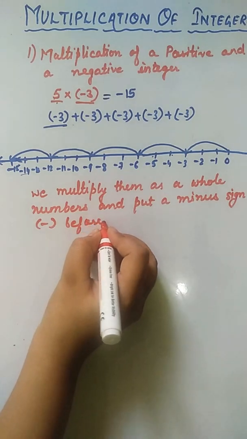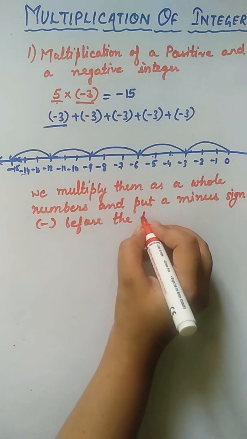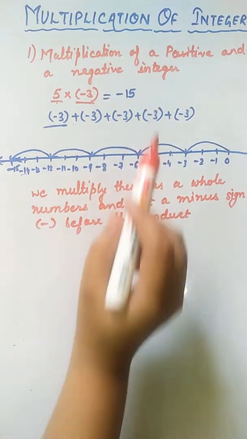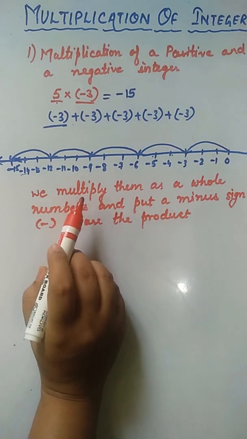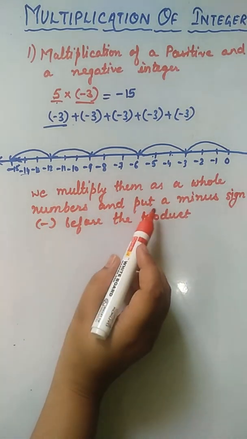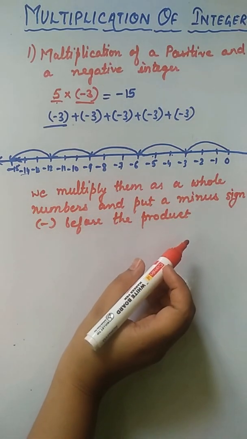Understood? So whenever you are multiplying a positive and a negative integer, you will get a negative answer. We multiply them as a whole number and put a minus sign before the product.